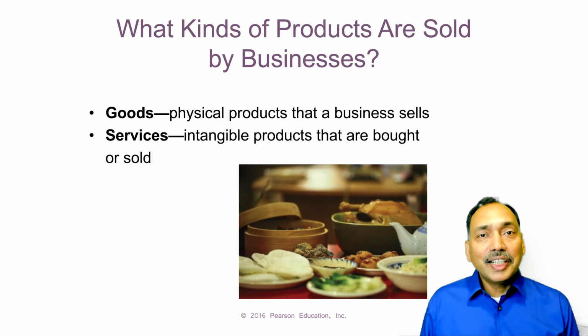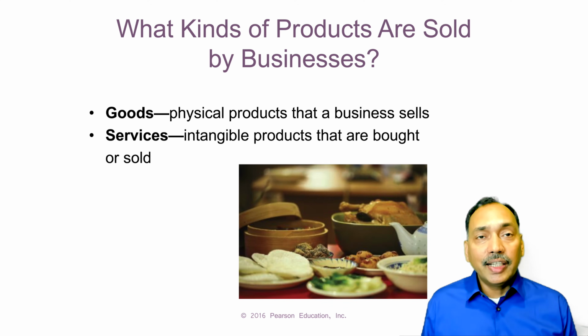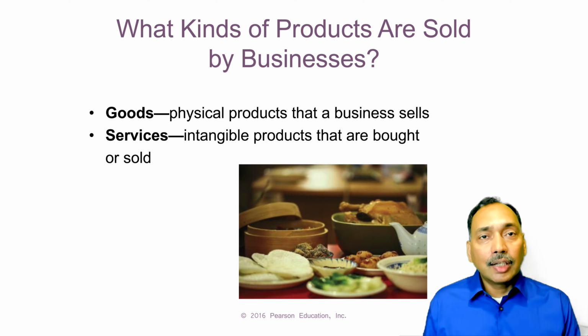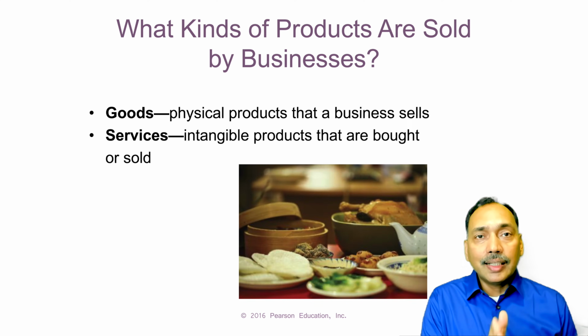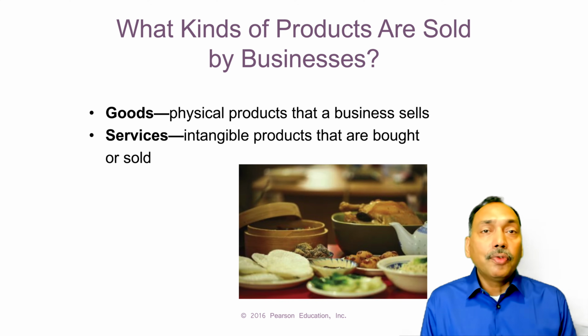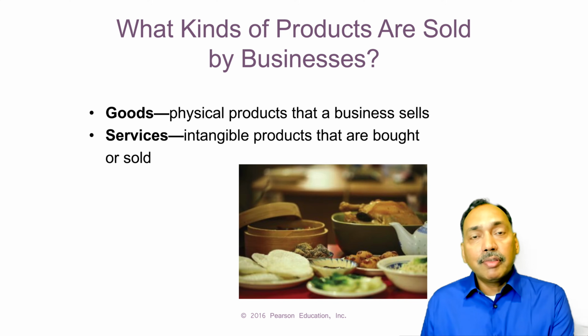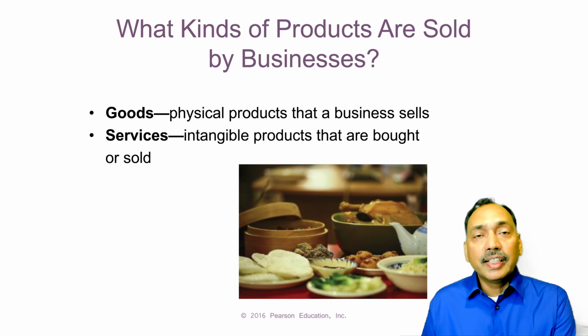It's difficult to say on a 100% basis that a company has all of its products, 100% of them, as goods or services. Usually it is some kind of continuum, where a company may have the majority of its offerings in the form of goods, but also some small part which goes into services.